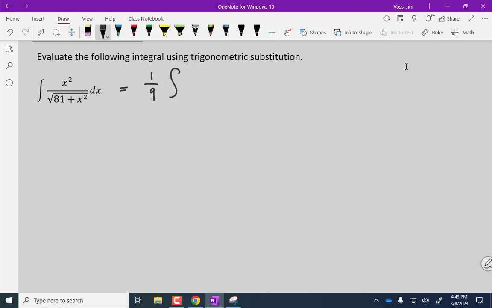Okay, so pulling out the 81, and the 81 is jumping through a square root, so it gets square rooted. In the denominator, we have the square root of 1 plus x over 9 squared.